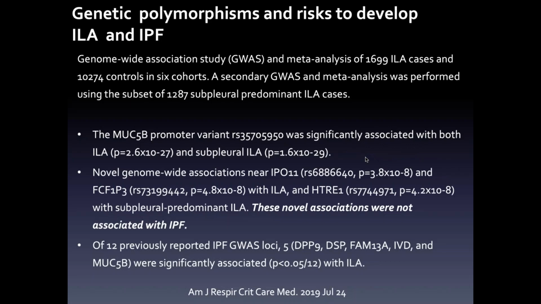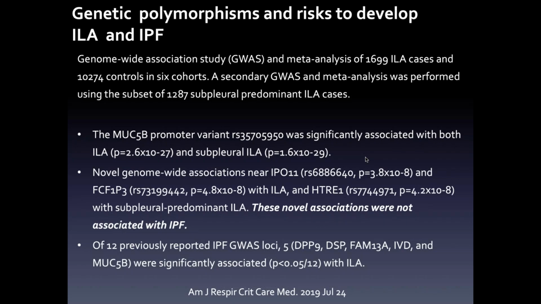And this is another recent paper showing that there are connections between MUC5B polymorphism observed in ILA subjects and in IPF. They detected a new association never observed yet in IPF subjects.